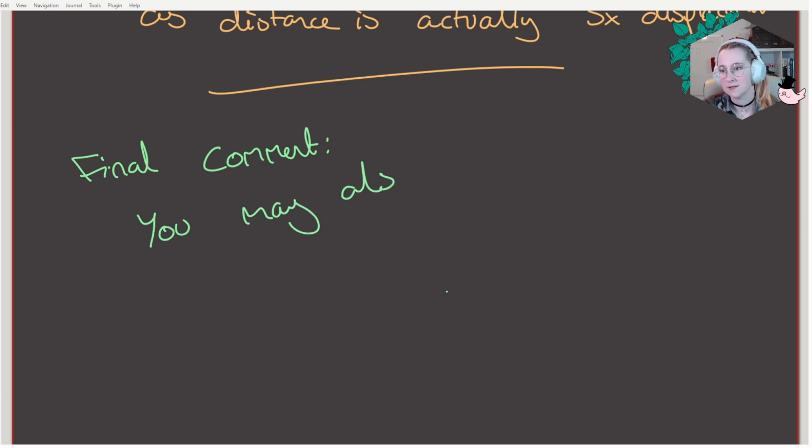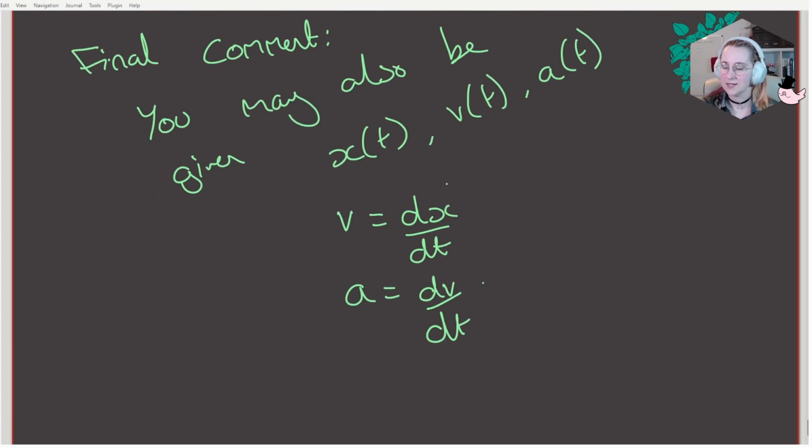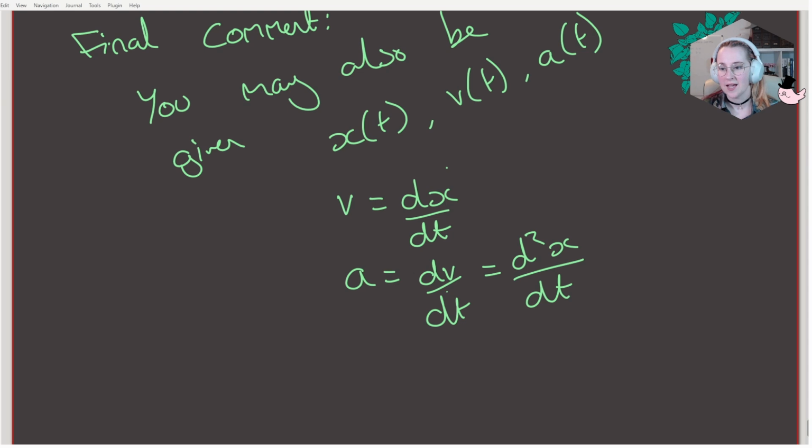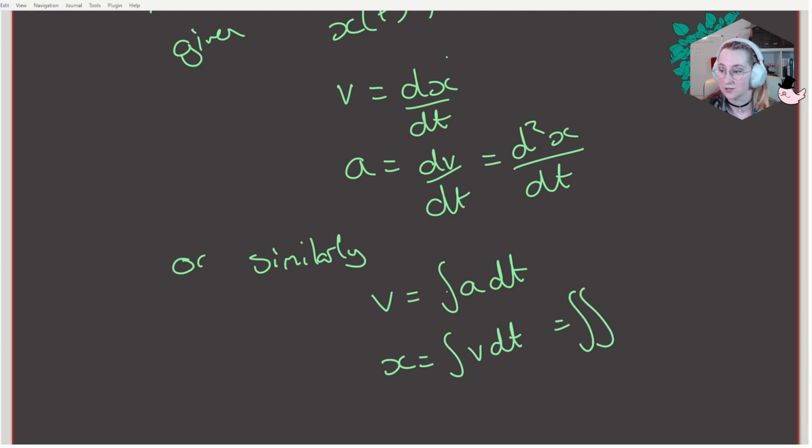you may also be given x of t, v of t, or a of t, which is just your position, velocity, and acceleration with respect to time, which again, you then start doing some calculus with, so you get v is dx dt, a is dv dt, which is the second order derivative of displacement with respect to time, or similarly, if you get that v is the integral of a dt and x is the integral of v dt, which is the integral of a dt.